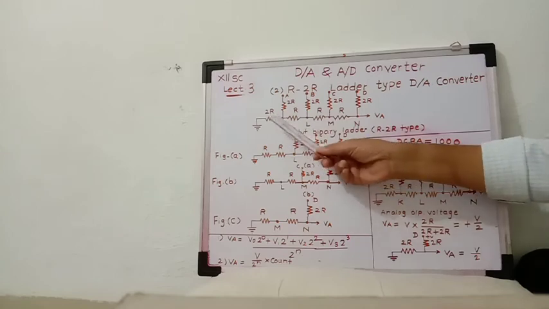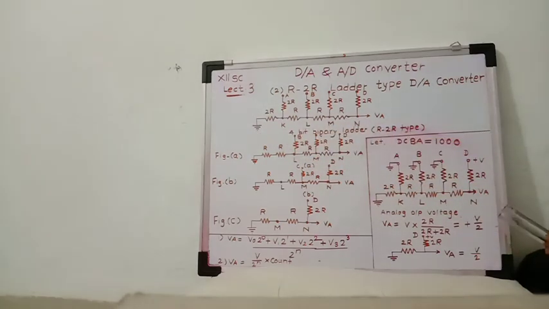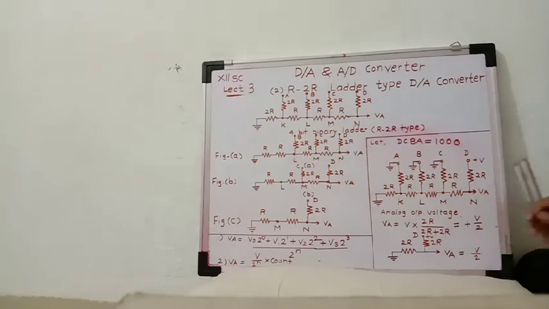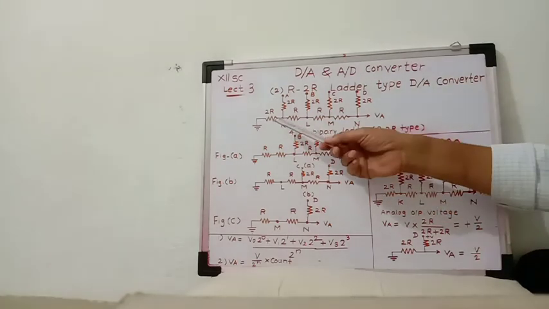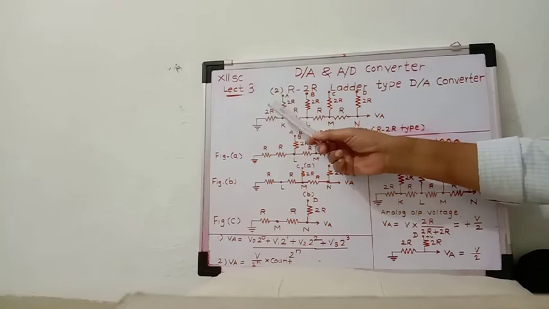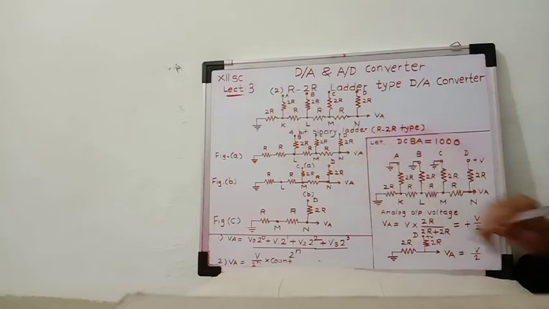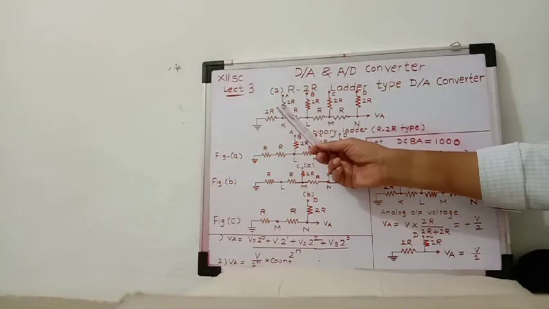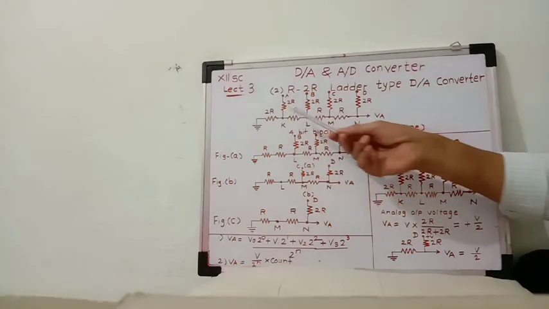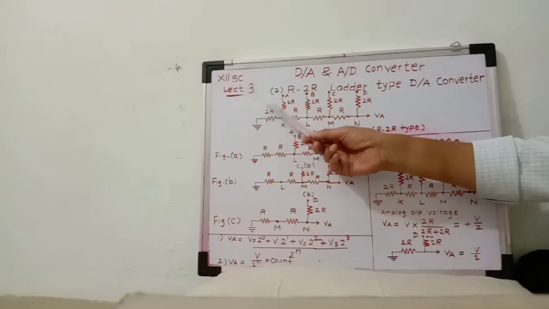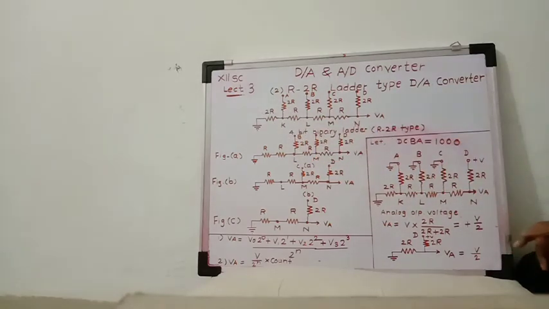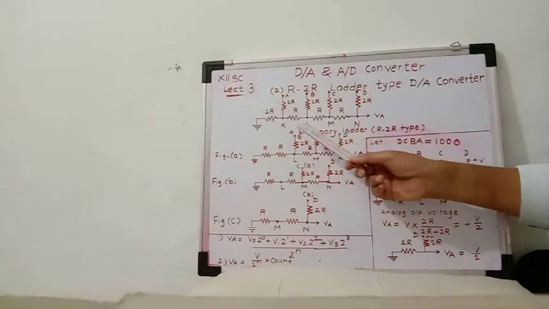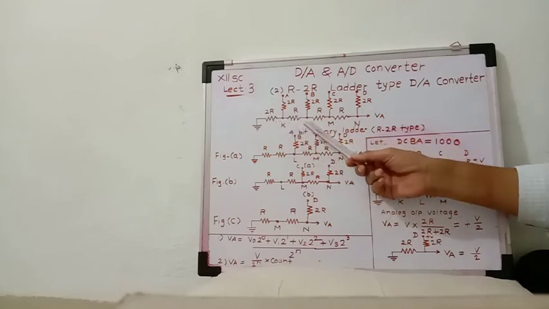Since terminal A is also connected to ground, the effective resistance becomes 2R parallel 2R, that is R. So the network to the left of point K is R. This R and the resistance between terminals K and L, which is also R, come in series.